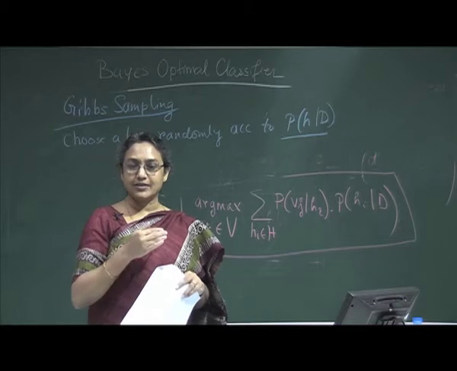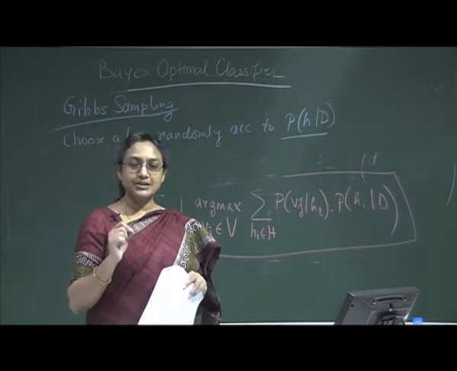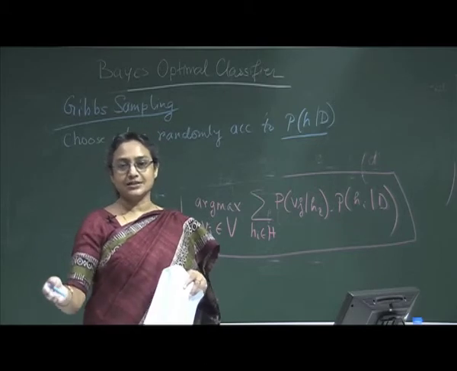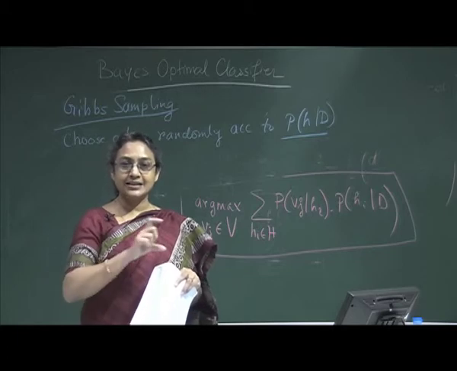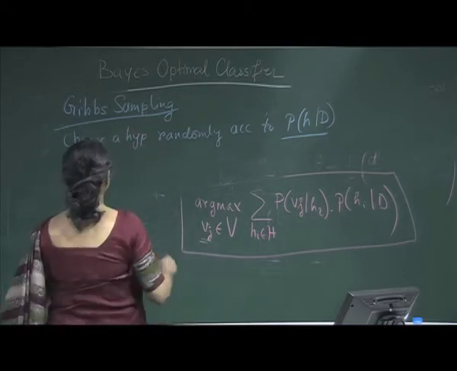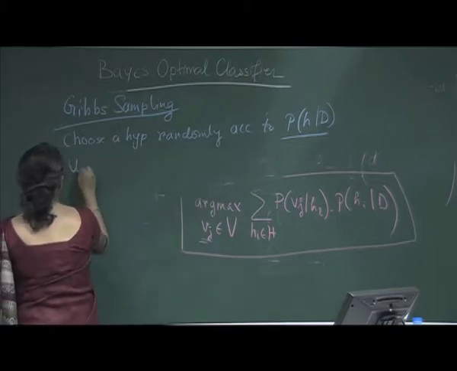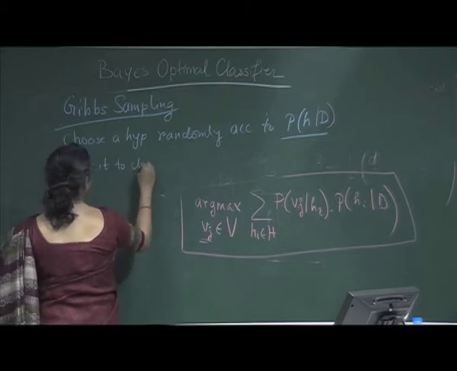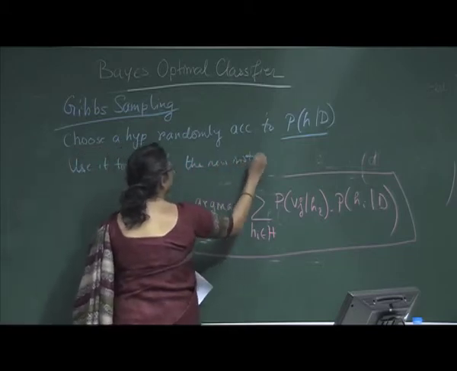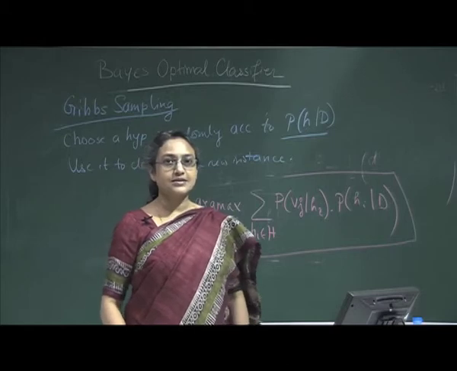Based on our training data, which is our evidence, we get a posterior probability distribution over the hypothesis space. In the Bayes optimal classifier, each of the hypotheses applies on the test instance and their contributions are weighted according to their posterior probabilities. But in Gibbs sampling, we choose randomly a hypothesis according to P of H given D and use it to classify the new instance. We just choose one hypothesis from the distribution and use it to classify the new instance.